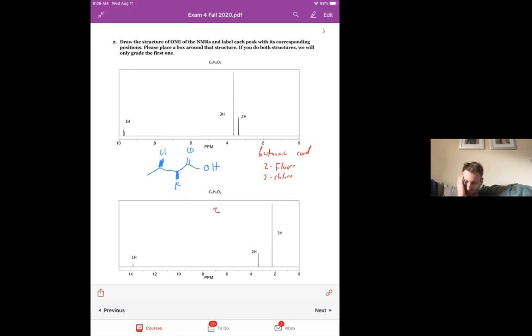Looking at our other center. Chlorine to be our biggest. Carbon bonded to fluorine, carbon bonded to itself. Going clockwise again, also R. So putting it all together, 2R, 3R.